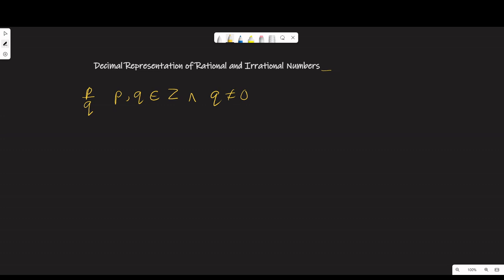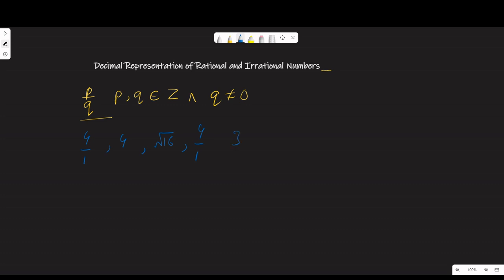And irrational numbers are anything which is not this. Rational numbers look something like this: 4 by 1, or just simply 4, or also the square root of 16 is a rational number because it can be written as 4 over 1.